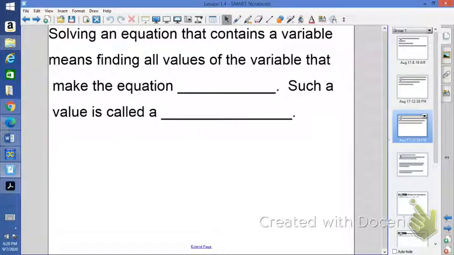Solving an equation that contains a variable means finding all values of the variable that make the equation true. Such a value or values are called a solution or solutions.